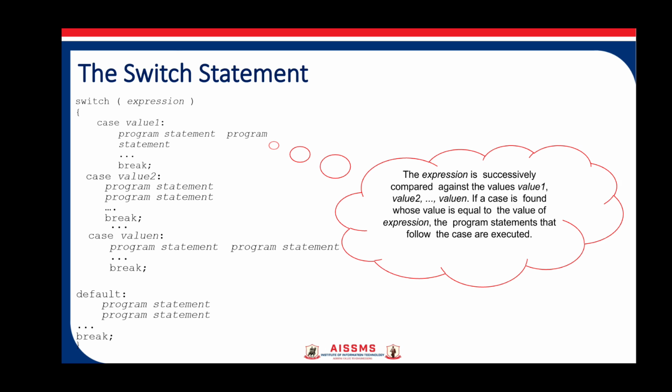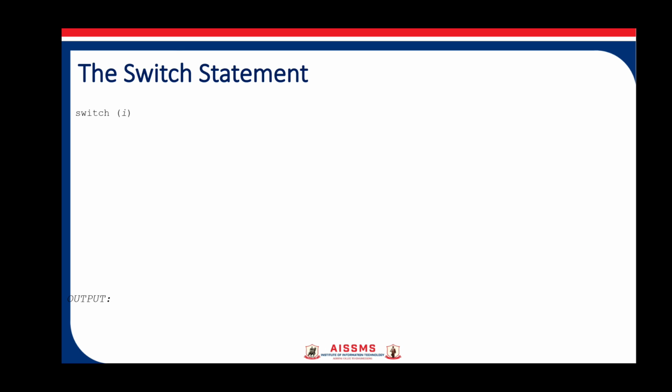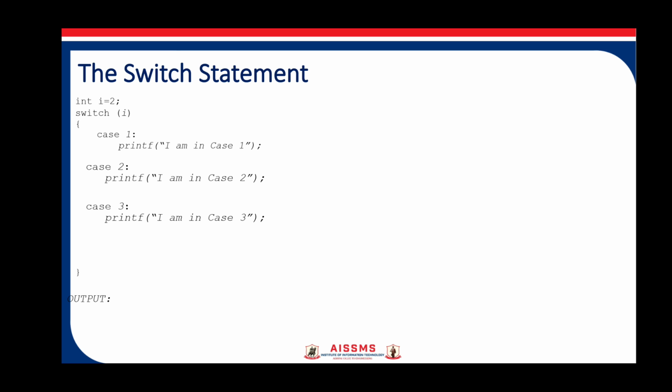Let us take one example, switch, where we are passing the expression I. Let us assume the value of I is 2. We have multiple cases: case 1, where we are printing I am in case 1; then case 2, where it prints I am in case 2; then case 3, which prints I am in case 3; and the default case, I am in default.